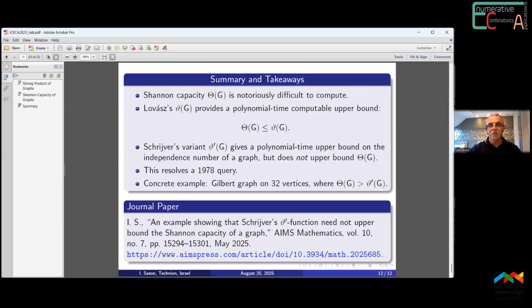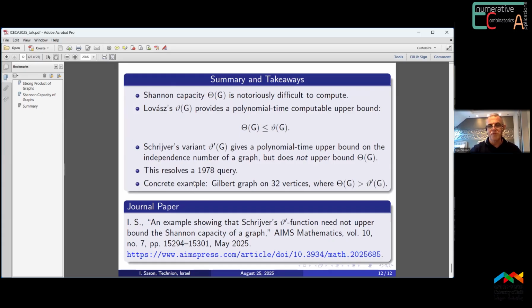The Schrijver's variant is a polynomial time upper bound on the independence number, which is in general a better upper bound on the independence number of the graph. But as we have seen, it does not upper bound in general the Shannon capacity of the graph.